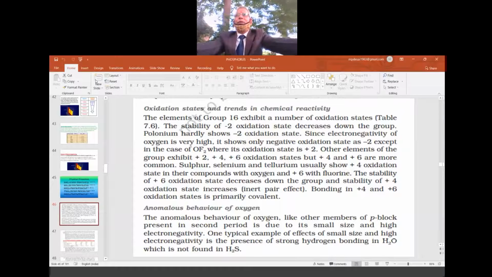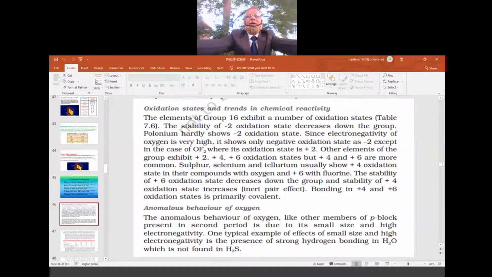Whenever we have the higher oxidation state, that is plus 4, plus 6, they have high polarizing power. This we have understood in Fajan's rule under the chemical bonding chapter. Because they have high charge, they can easily polarize. That means they can go for a sharing of electrons instead of a transfer of electrons.